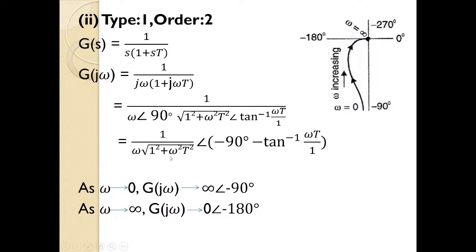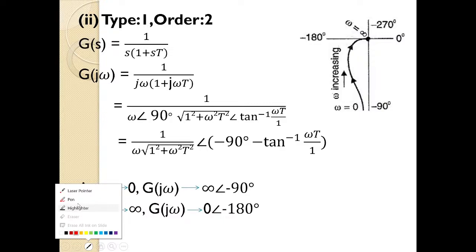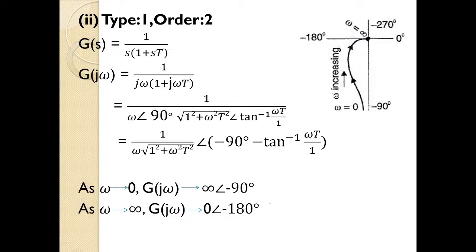You will get 1 by 0, so the magnitude becomes infinity. And what about the phase angle? Substitute 0 in the tan inverse, so it becomes 0. Minus 90 minus 0, you will get minus 90.